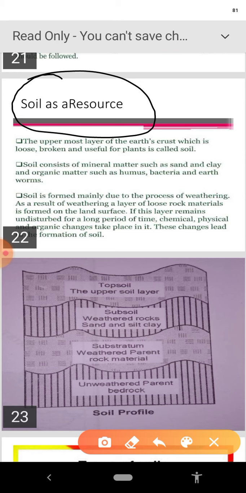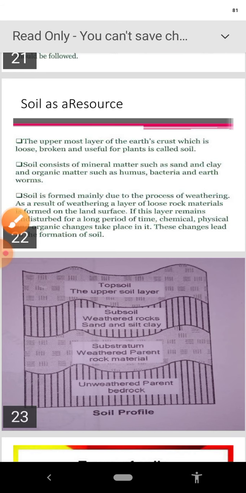Chemical and organic changes take place in soils due to humidity, temperature, gases in atmosphere, vegetation, and microorganisms. Soil also contains organic matter called humus, which is formed by dead and decaying plants and inorganic materials.